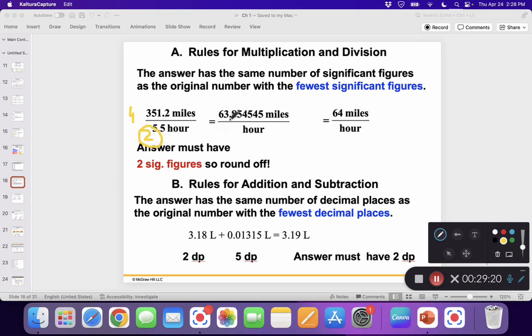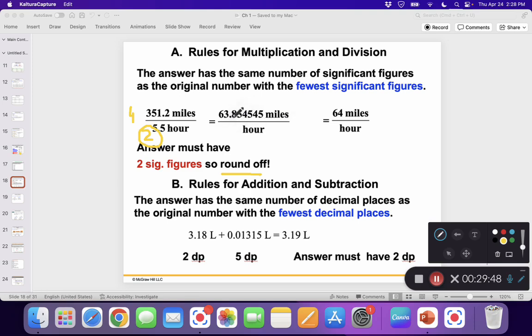So it means I have to write the answer in 2 sig figs. And in order to write 2 significant figures, I have to round off. In rounding off, if the number I have to drop is larger than 5, then I add 1 to the preceding number. If the number is smaller than 5, then I simply drop it.